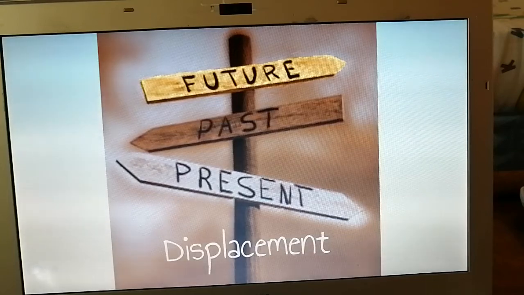Displacement is the ability to talk about different stages in a person's life. For example, a dog can tell another dog that he has found a bone.